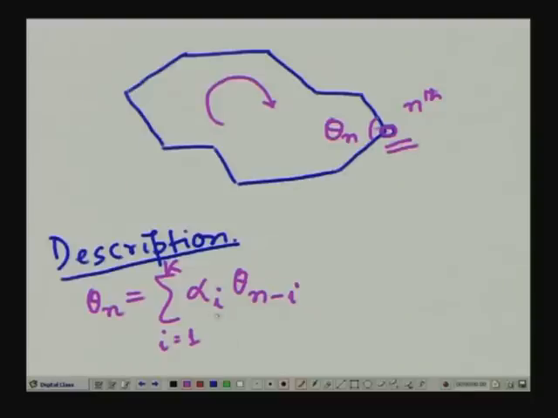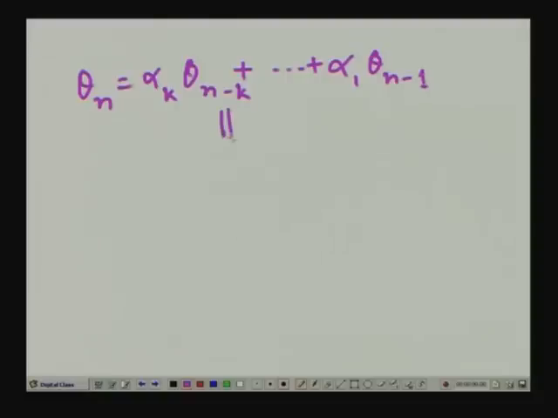So, if I expand this equation, what I have is theta n is equal to say alpha k theta n minus k, continuing like this, plus alpha 1 theta n minus 1. So, you find that here I have k number of unknowns, k number of alpha i's, which are the coefficients of this linear equation.